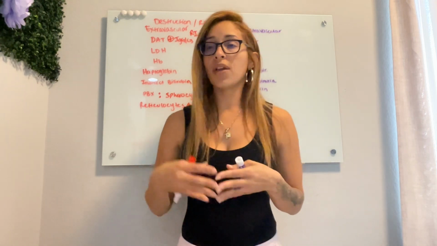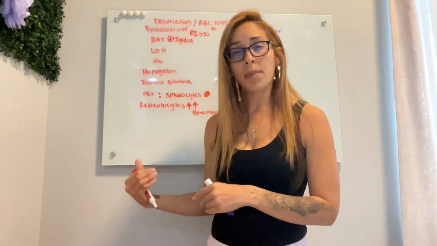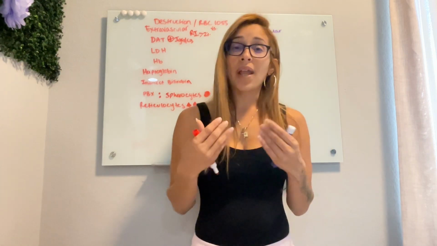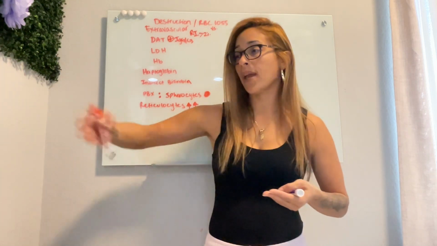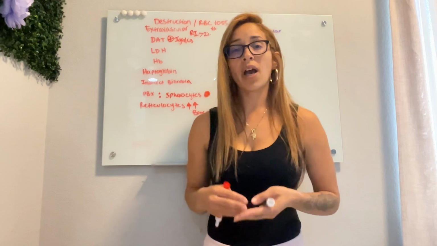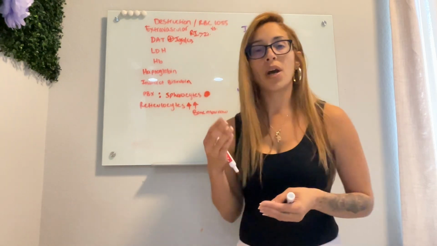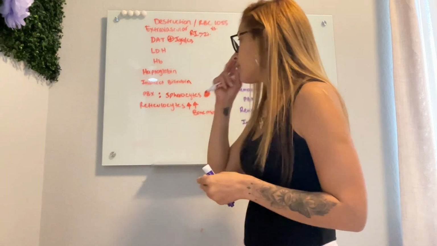So again, if our DAT comes back positive in the laboratory, we are going to run an antibody panel and try to figure out if we have a warm antibody. What's going on with the patient, okay?